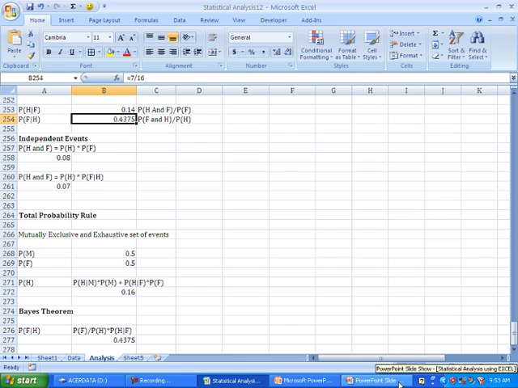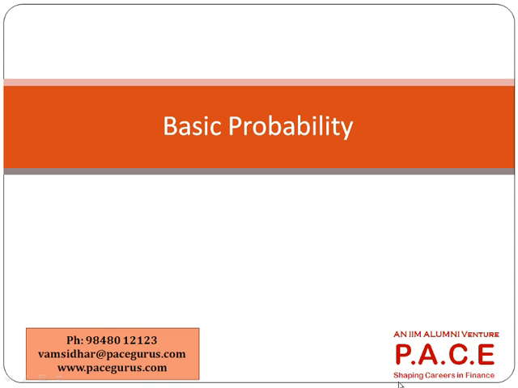I hope this session has given you a decent level of insight into the world of probability, especially aspects like the basic definition of probability, how to compute probability from raw data, and also from frequency distributions as well as two-dimensional contingency tables.